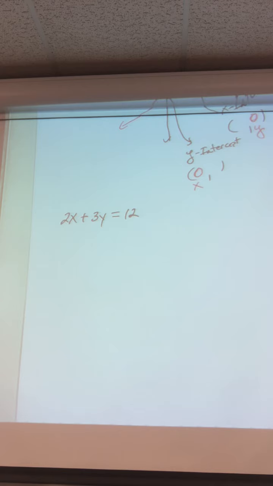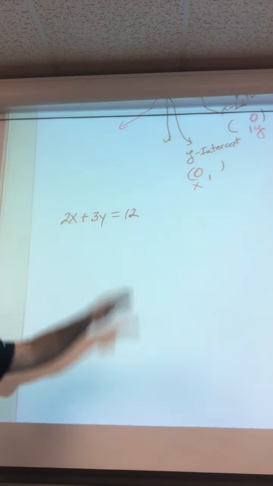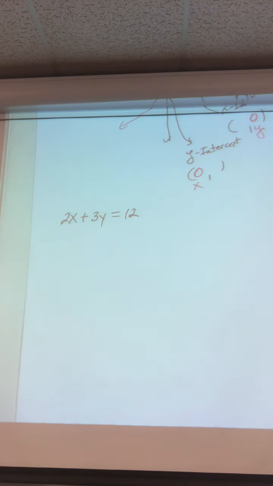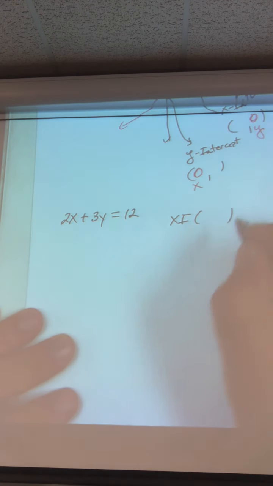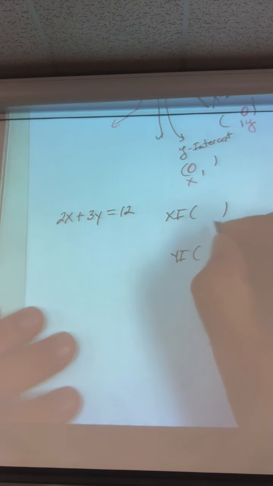Linear equation, two letters. Now I'm not going to pick 1 or 2 or -1 or -2 because I have to follow the instructions. It says find the two intercepts. So I'm going to abbreviate xi for the x-intercept, and yi for the y-intercept.